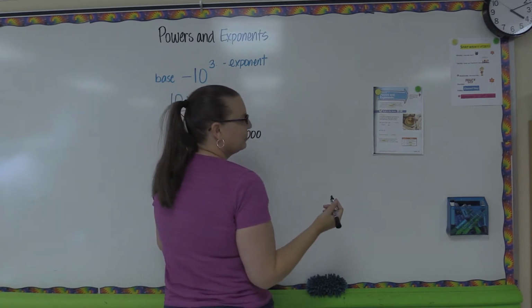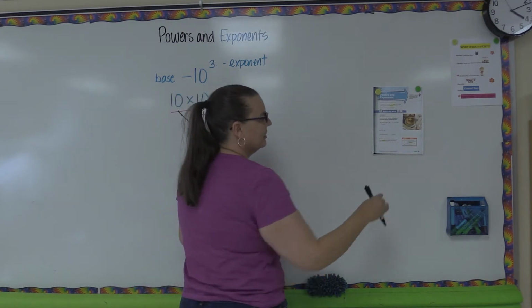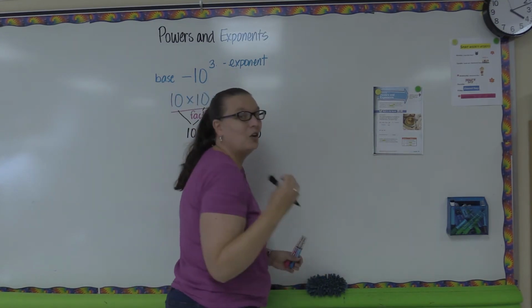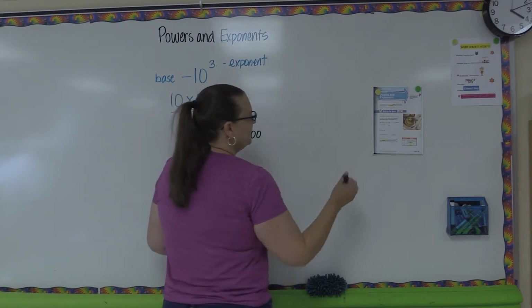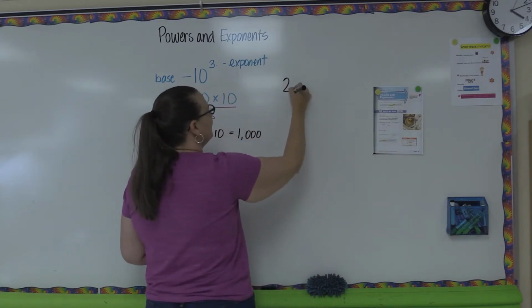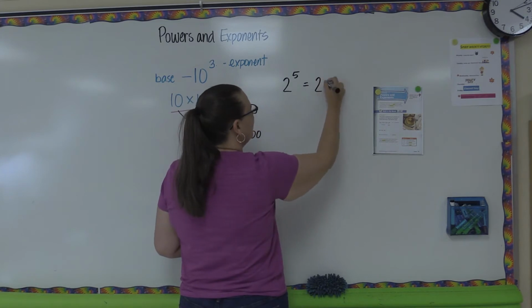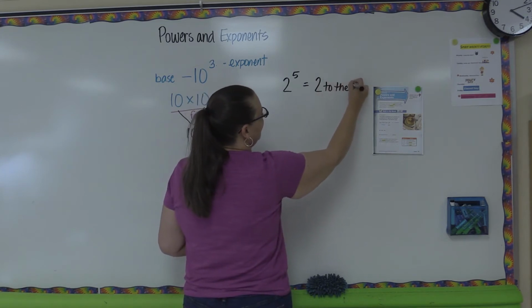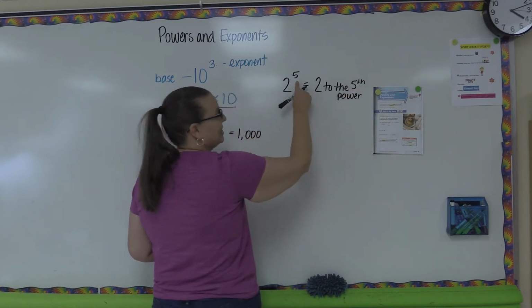So numbers are expressed using exponents. Those are the powers that we keep talking about here, okay? There are some special names, and I already started using these, but let's review them really quickly. When you see a number, take a look at this little chart down here. It has 2 to the 5th power. The way that you say that is what I just did. It is 2 to the 5th power, because the exponent tells you the power.